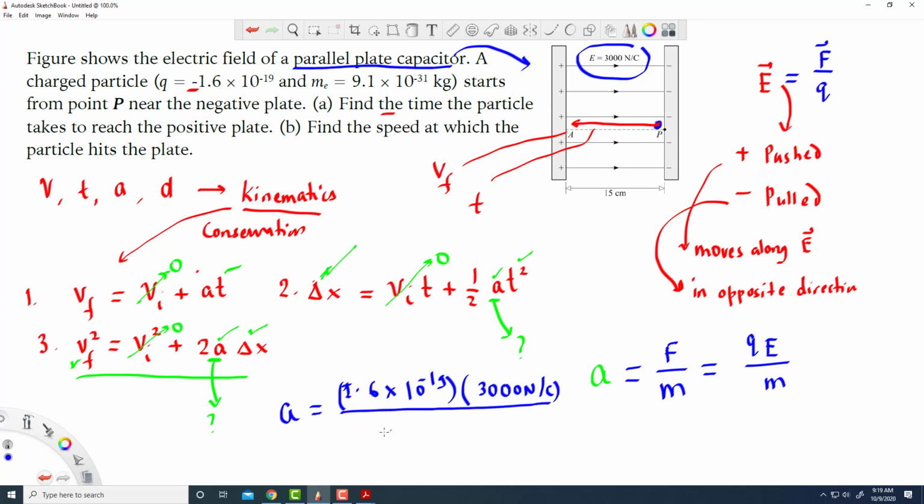And then mass of the electron, or in this case whatever charged particle that is. It doesn't say electron, but just by looking at this we can say it's electron. Electron has that much charge. So mass is 9.1 times 10 to minus 31 kilogram. Okay.